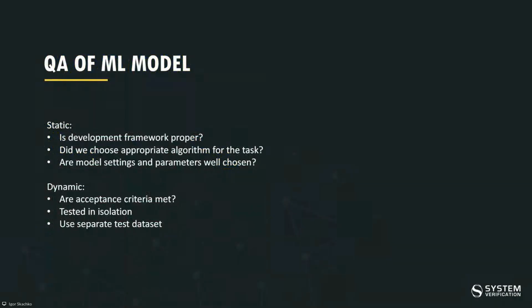Now, if it comes to the machine learning model itself, how do we test that? Because again, the entire model is just a result of ingesting data by the algorithm, right? So what do we need to test the model after it has been birthed?